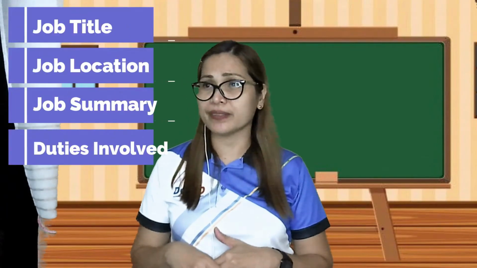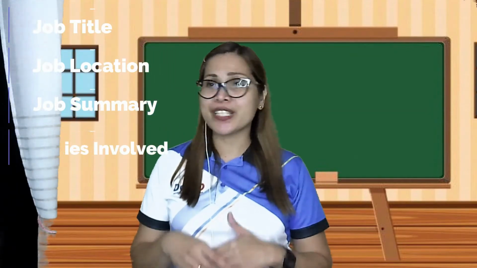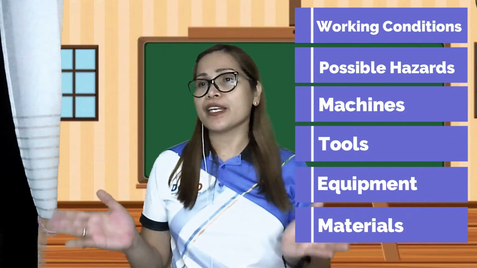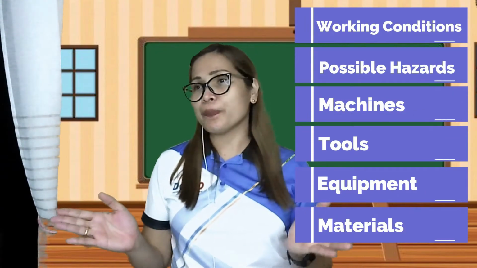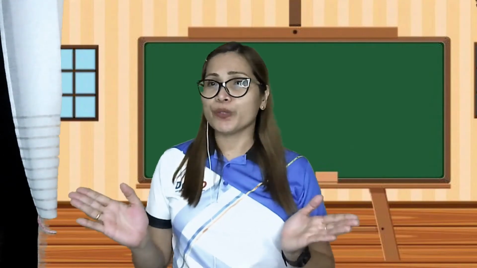It also helps in determining particulars about the job, including job title, job location, job summary, duties involved, working conditions, possible hazards, and machines, tools, equipment, and materials to be used by the existing or potential employee.